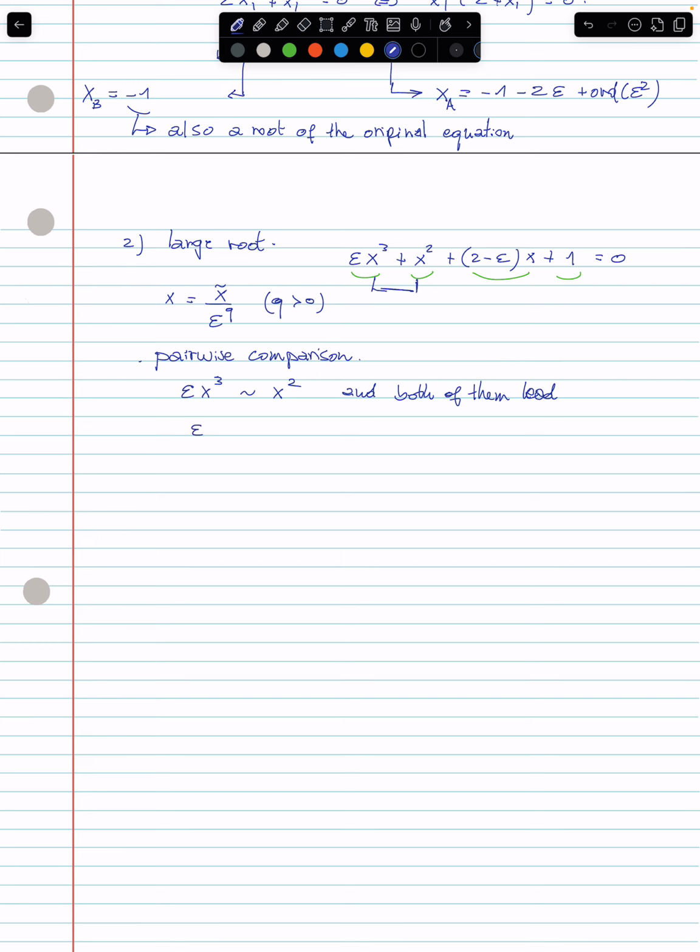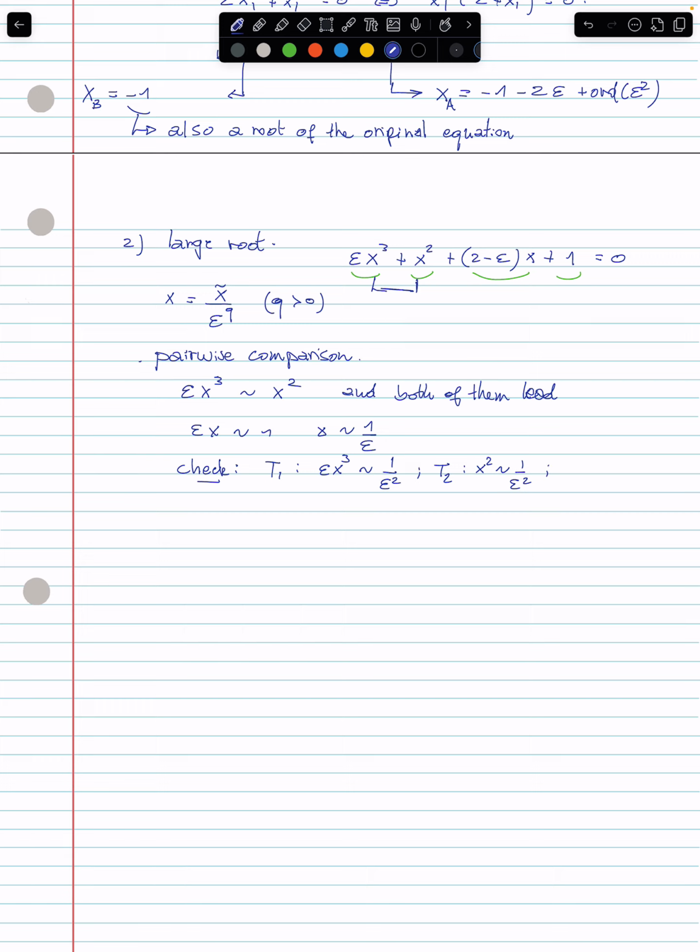It means that epsilon x is of order 1, meaning that x is of order 1 over epsilon. Okay, we need to check now that this is fine. The first term, which is epsilon x to the third, will be of order 1 over epsilon squared. The second term, which is x squared, will be of order 1 over epsilon squared. Okay, of course, they both match. And this is exactly actually what we started to write.